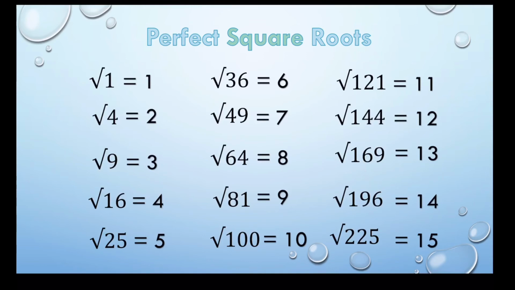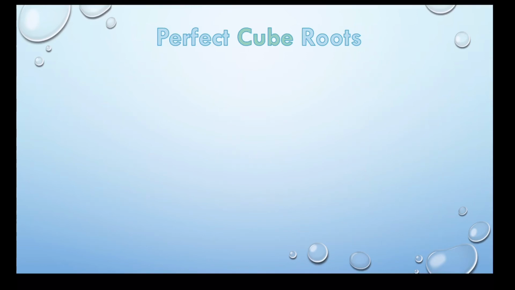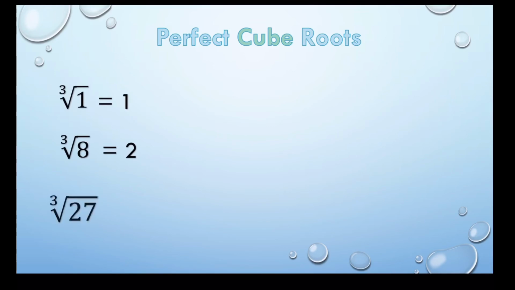Besides the perfect square roots, you should also memorize a couple perfect cube roots. There's more here than you should probably memorize, but be able to recognize these. So the cube root of 1 is 1. The cube root of 8, we already did this earlier, is 2. The cube root of 27 is 3.